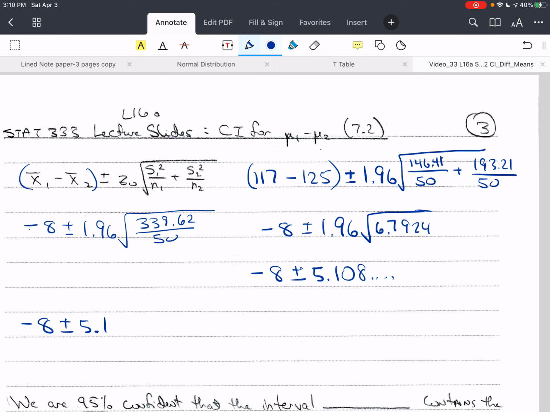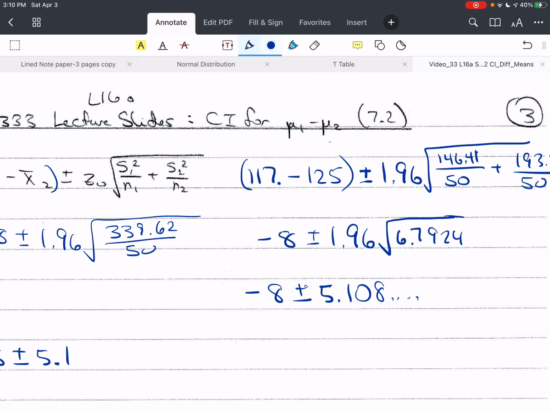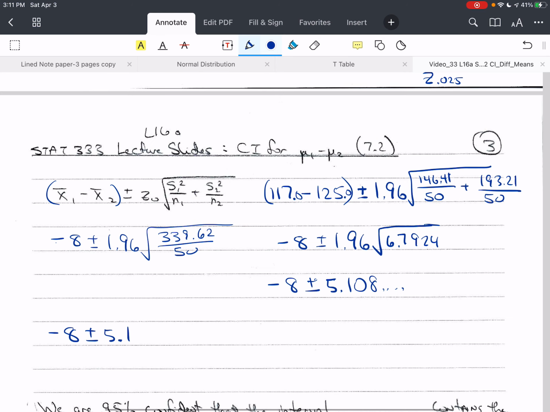Sorry, I should have used the same number of decimal places. Okay. So I want negative 8 minus 5.1 and negative 8 plus 5.1. And this gives me negative 13.1. And this gives me negative 2.9.